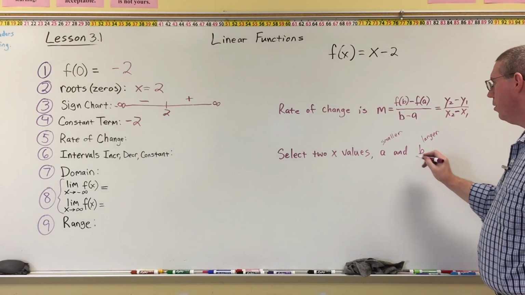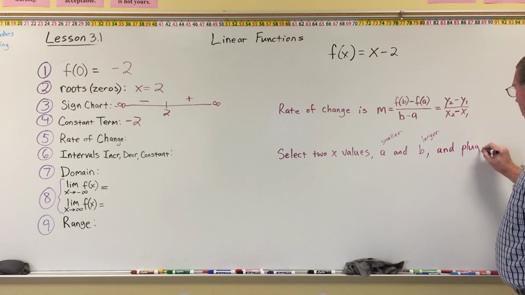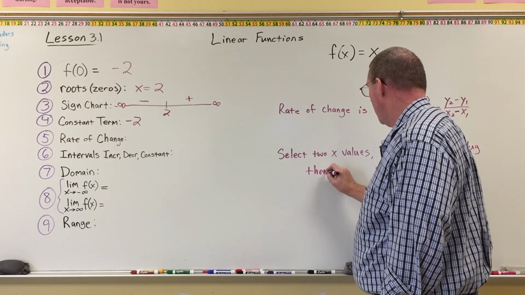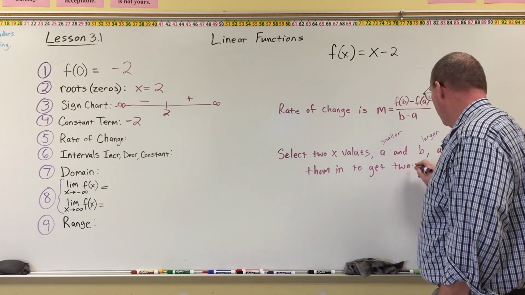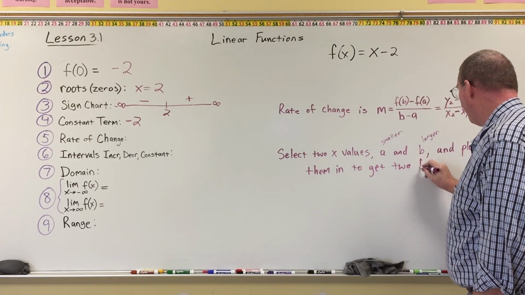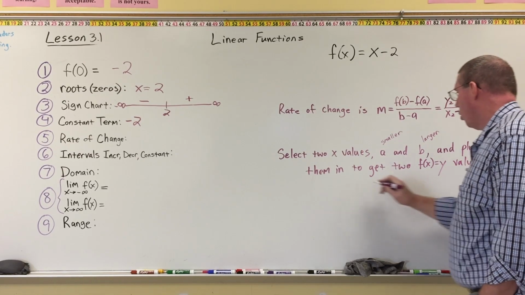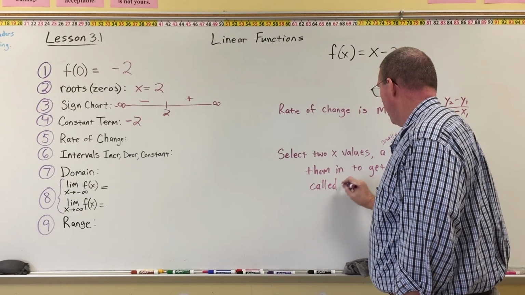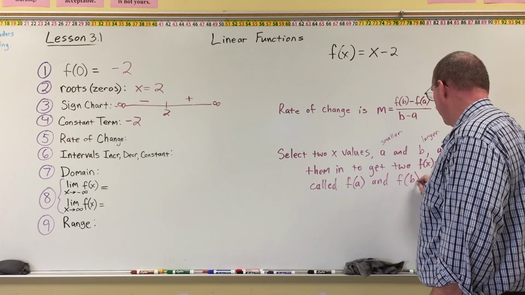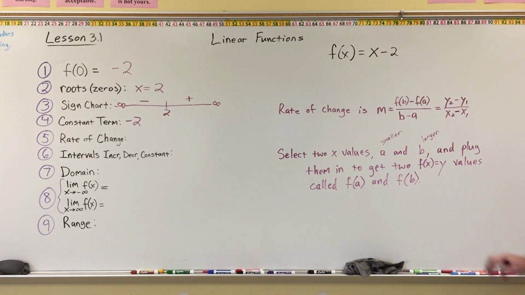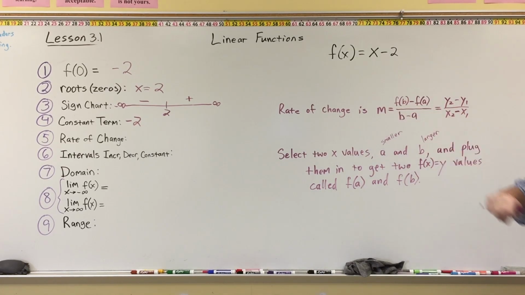So select two x values and plug them in to get two f of x equals y values called f of a and f of b, okay? All right. And once you have those numbers, now you're going to solve the formula to get your m.